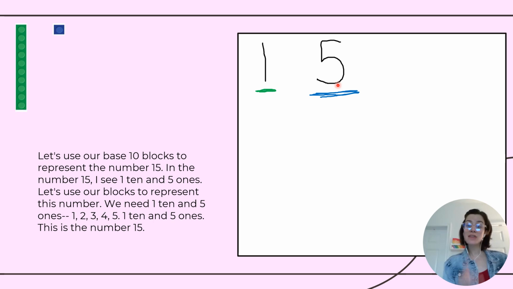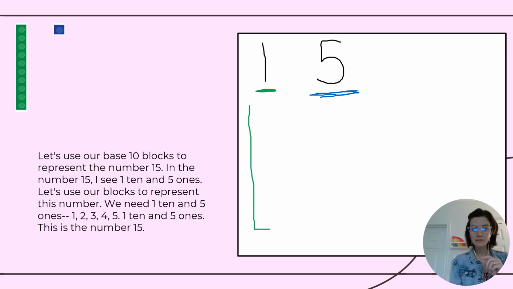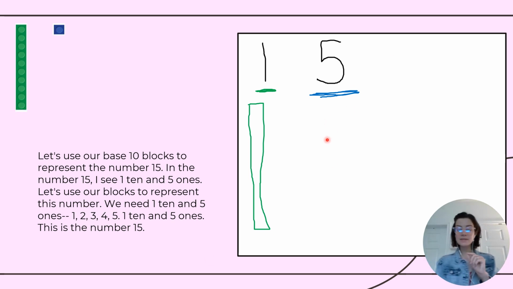The place value that comes after the ones place is the tens place. So I have the digit 1 in my tens place, which means that equals 1 ten. So I need 1 ten here. And for the digit 5 in the ones place, that equals 5 ones. So I need 5 ones.